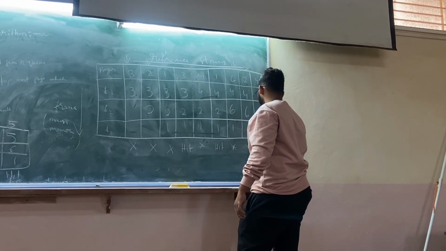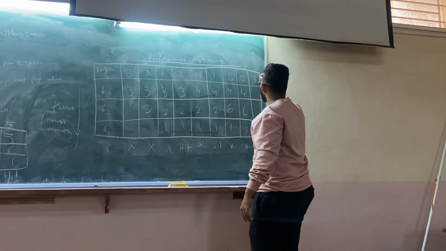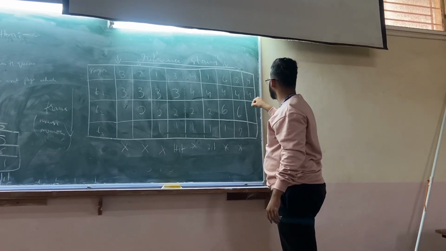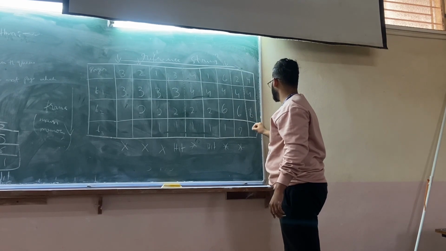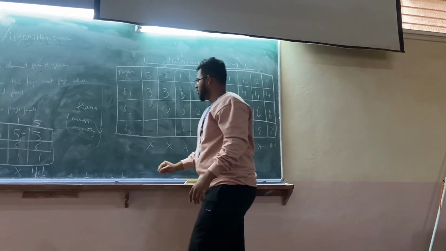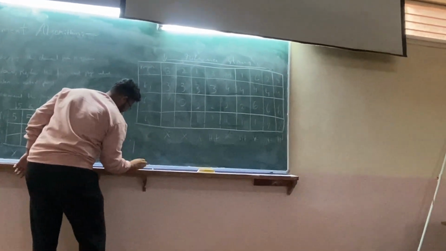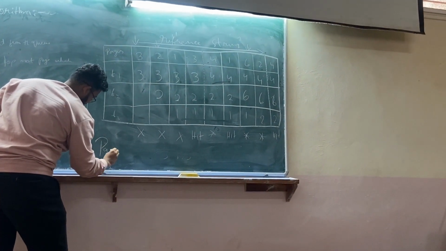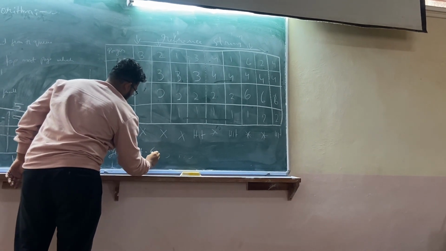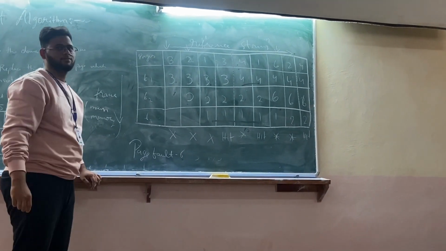It becomes a fault. Now 4 arrives. Is 4 present? So it becomes do nothing. It should be exactly what it is. It becomes a hit. So how many page faults do you see here? So the page faults are 6.